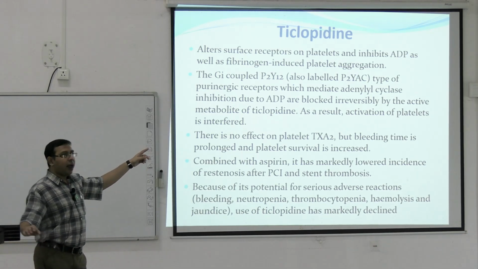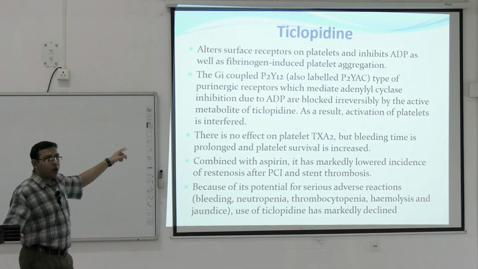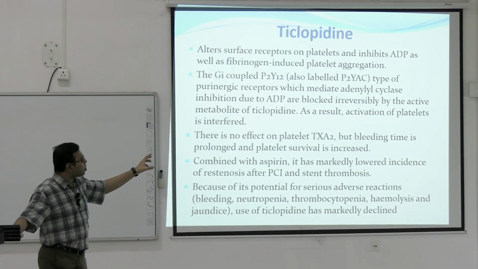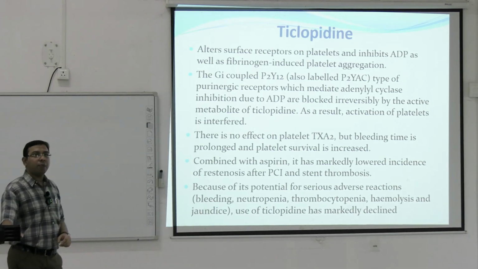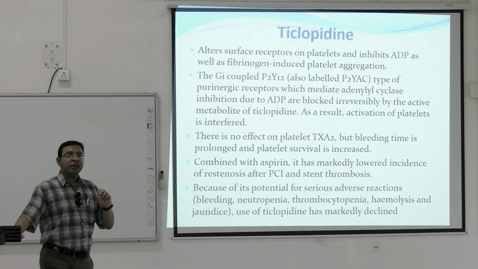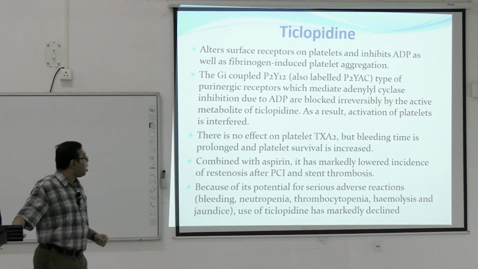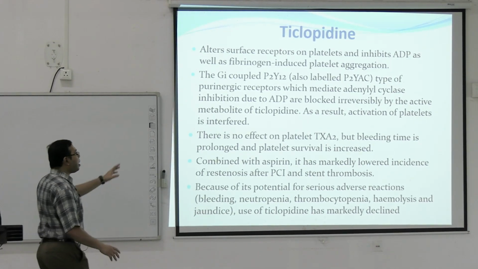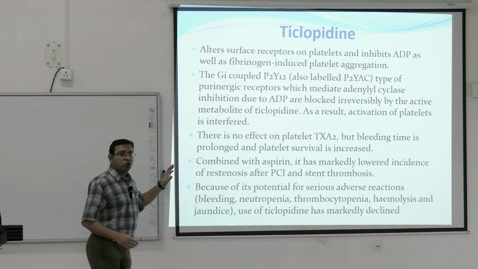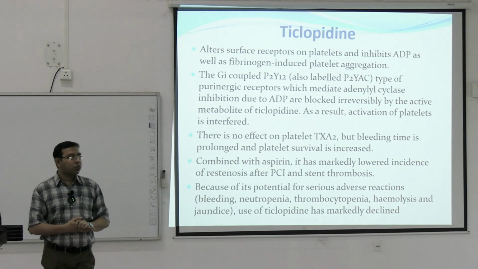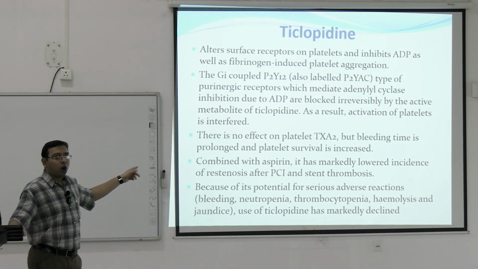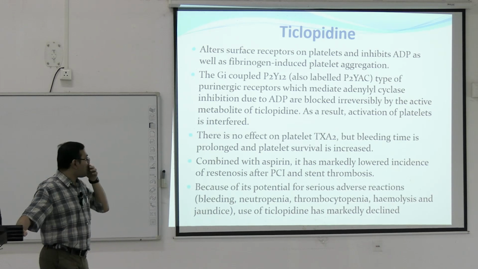They mediate the adenylyl cyclase inhibition due to ADP. These are blocked irreversibly by the active metabolite of ticlopidine. So this cAMP is mainly blocked, and as a result activation of the platelet is interfered. There is no effect on platelet thromboxane A2, but bleeding time is prolonged and platelet survival is increased.